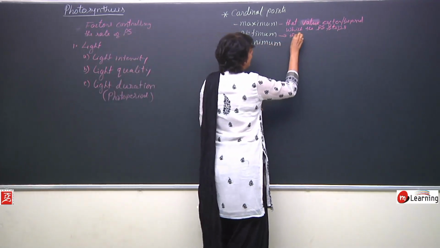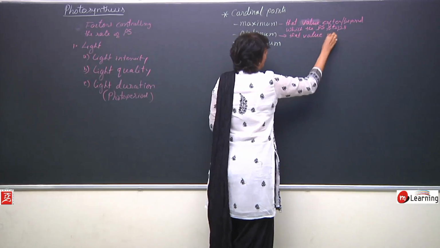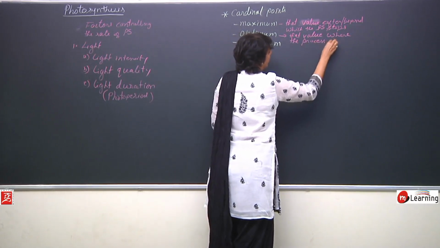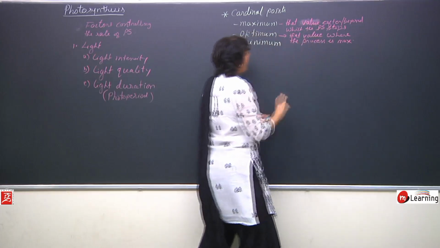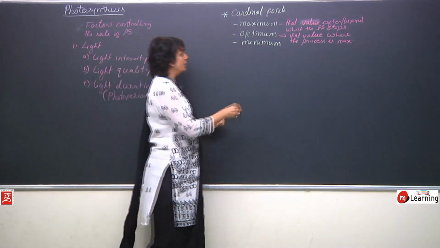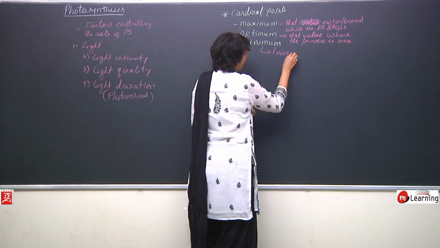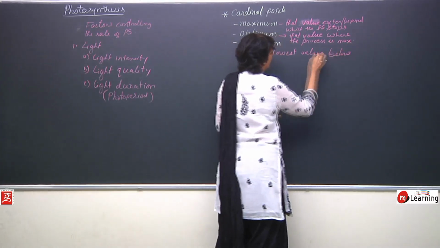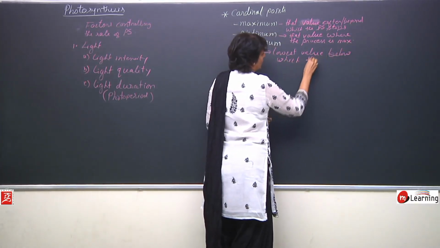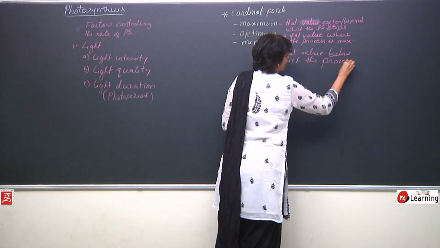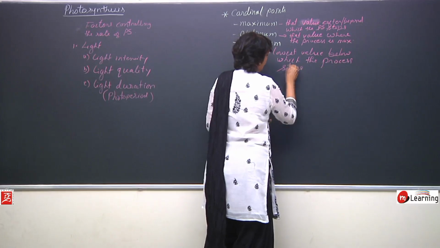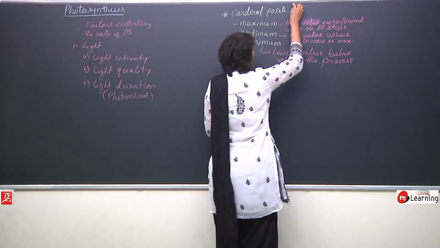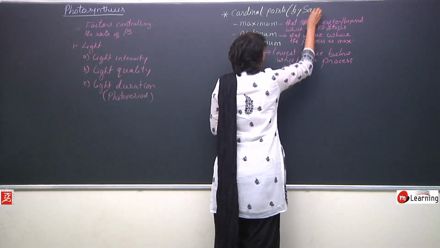Optimum is that value where the process is maximum, and minimum is that lowest value below which the process stops. This concept of cardinal points was given by Sachs.